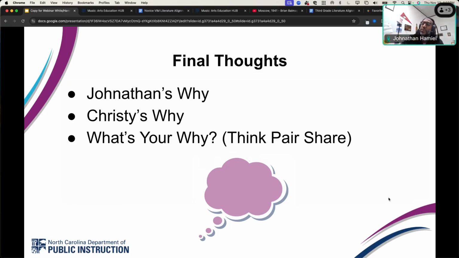I'm like, gosh, I wish that I'd had this worksheet or this tool 10, 15 years ago when I was in the classroom, because it would have helped me make sure that those students really knew the concepts of what I was trying to do, instead of just having a really great performance, and were they applying it to other pieces of music. So that's my why. What about you, Christy?